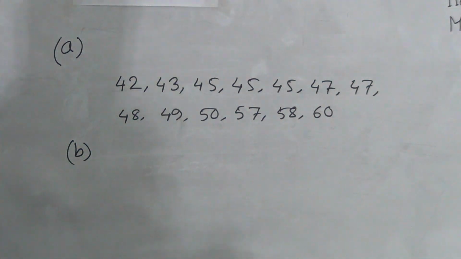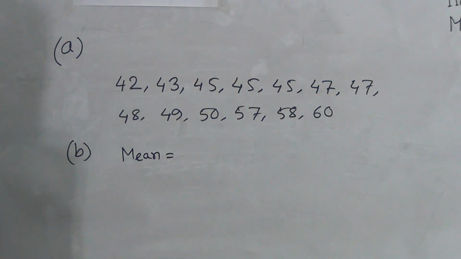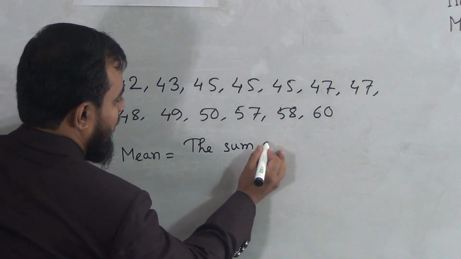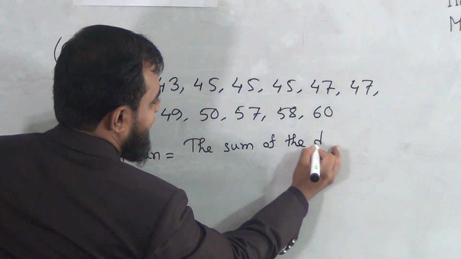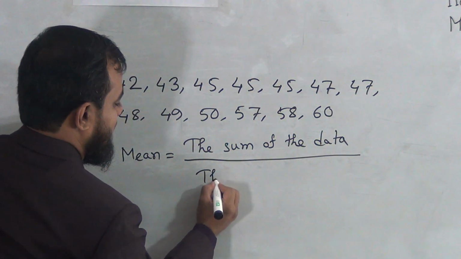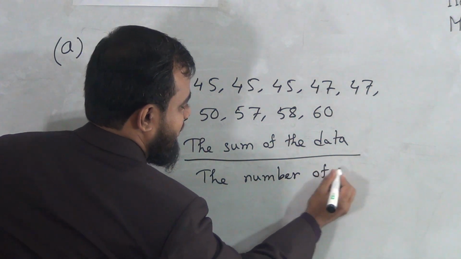That is, mean equals the sum of the data divided by the number of data.